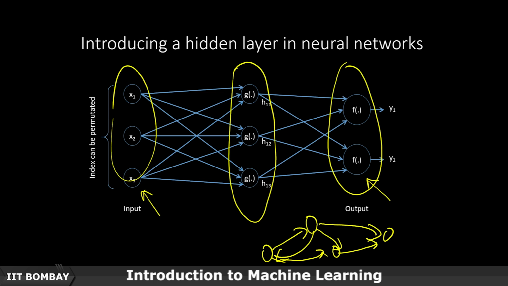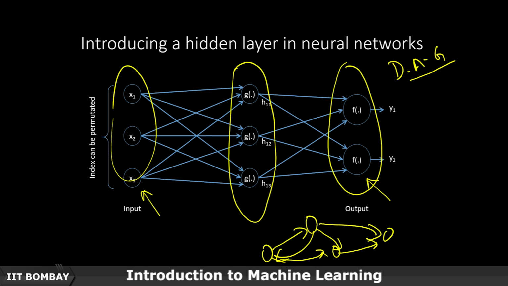For training them, there are no loops when you are doing the training and passing the gradients around and so forth. So these are directed acyclic graphs. That means if you follow the direction of the arrows, you will never have a cycle, in the sense that you will never return to the same point from where you started. So in these neural networks, you will always have a structure like this.